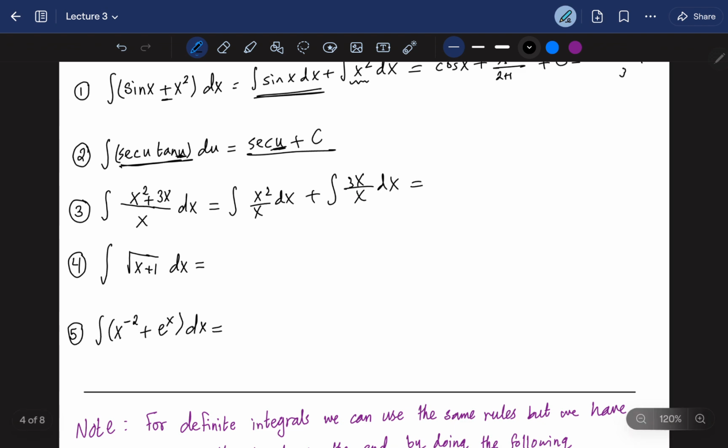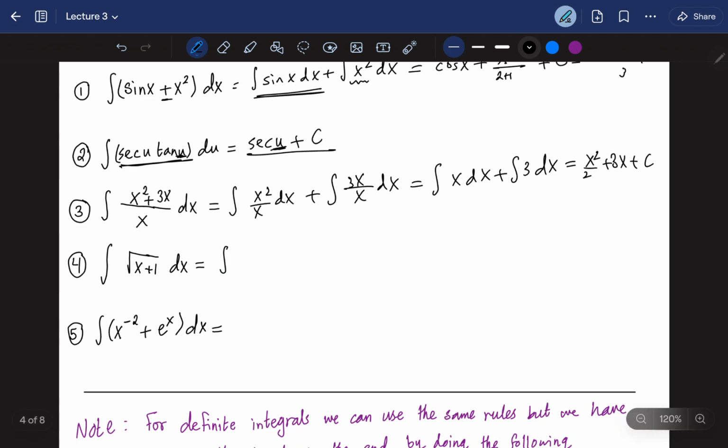Then using exponent rules, this is just the integral of x plus the integral of 3, which is x squared over 2 plus 3x plus c, all using the power rule for the indefinite integral.